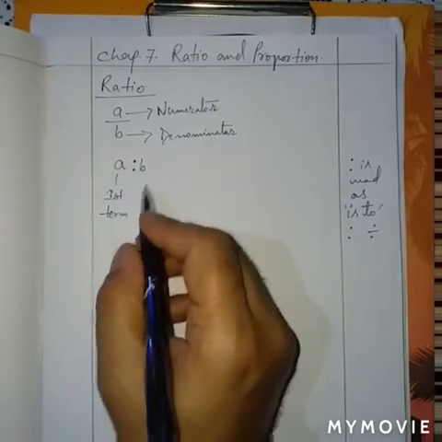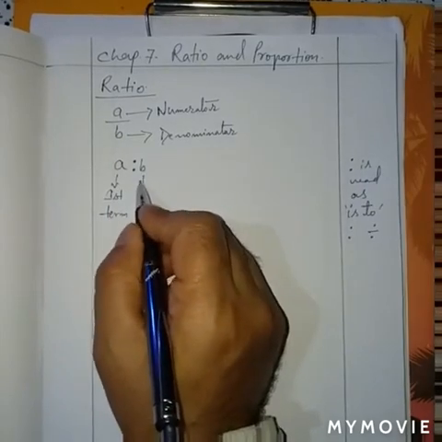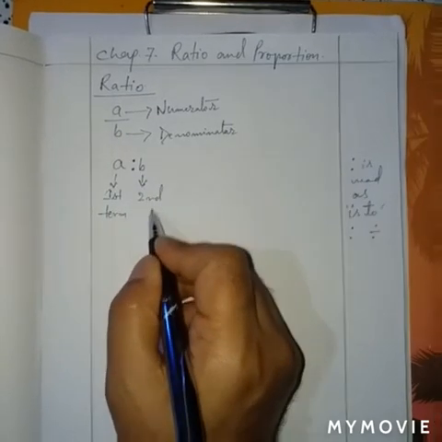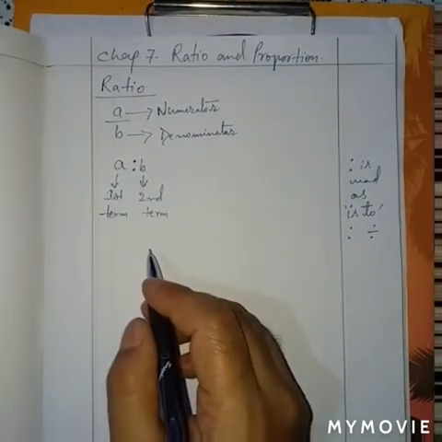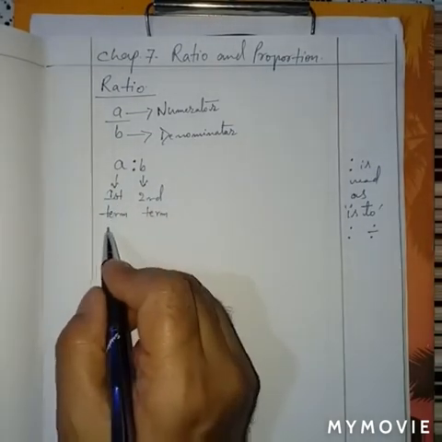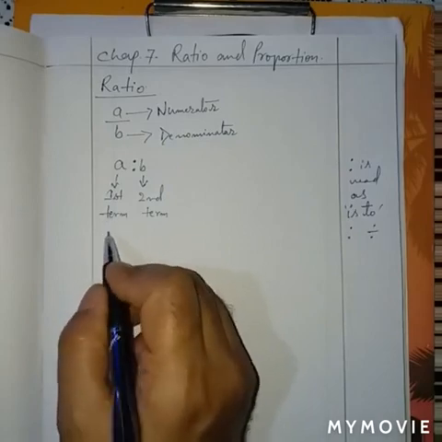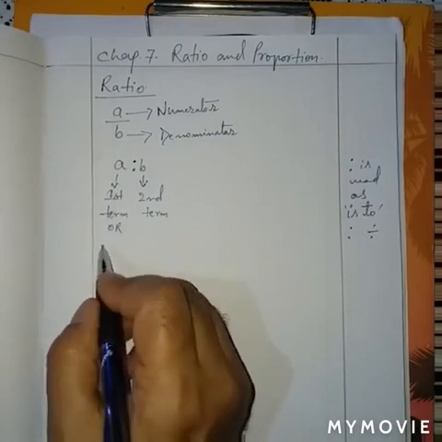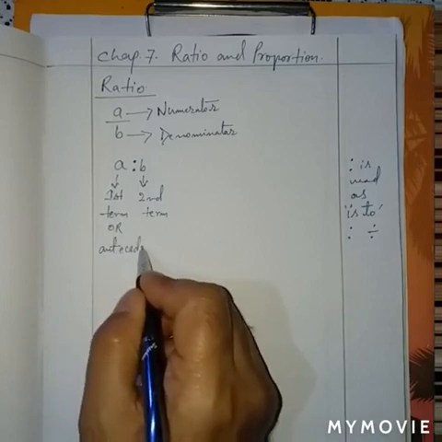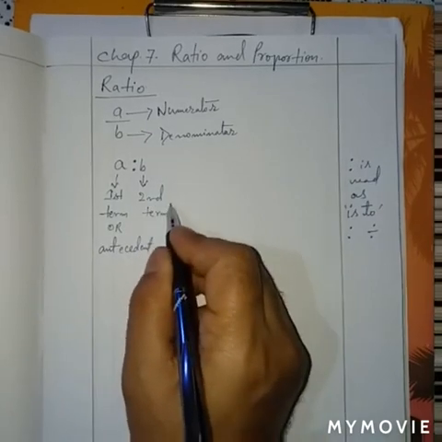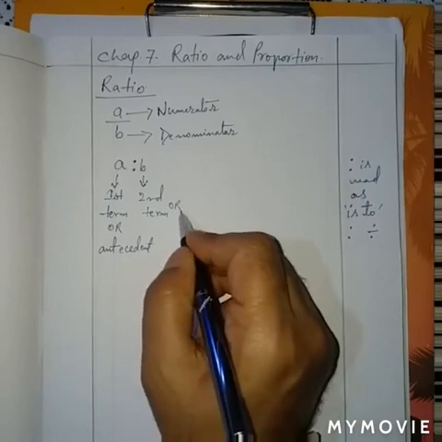This is the first term and this is the second term of the ratio. The first term is called the antecedent and this one is called the consequent.